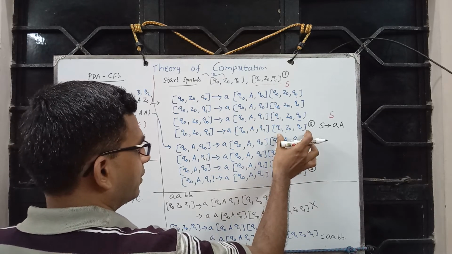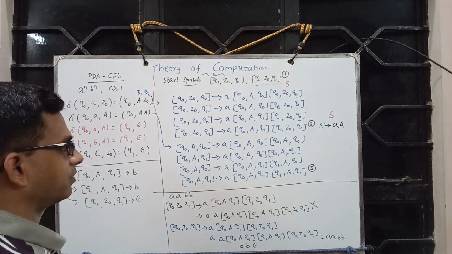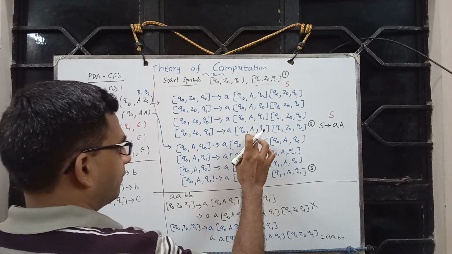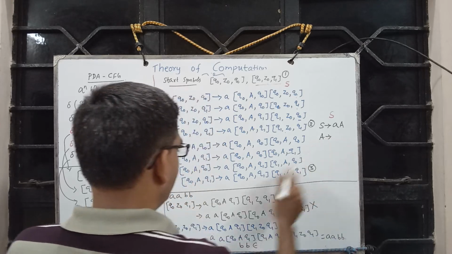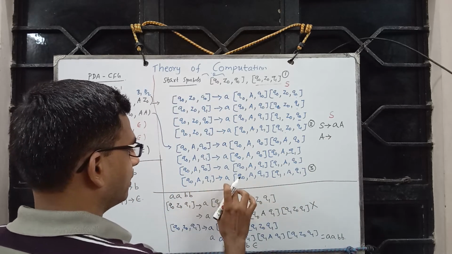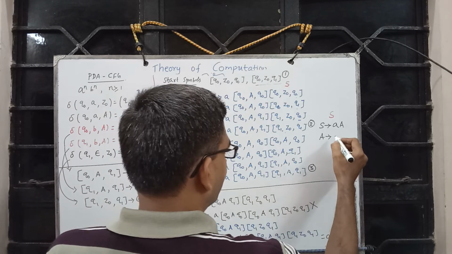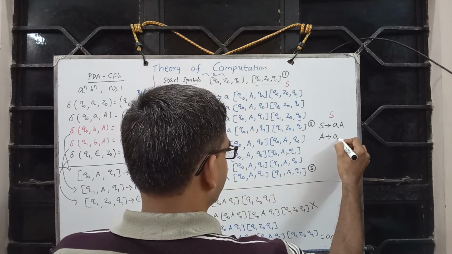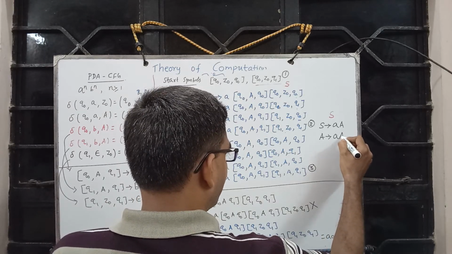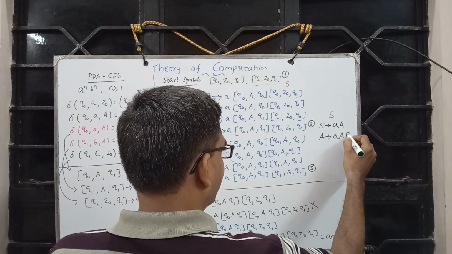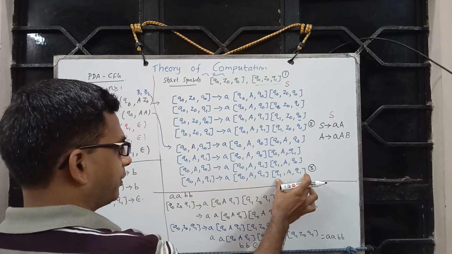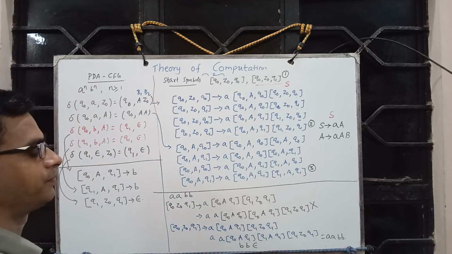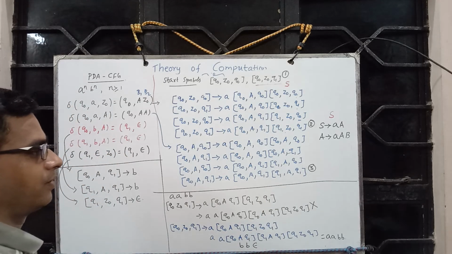Fine, so we will leave this part. For this part, it is capital A implies, you get to see that it is A, capital A followed by B. B is this non-terminal, Q1A Q1. Fine.